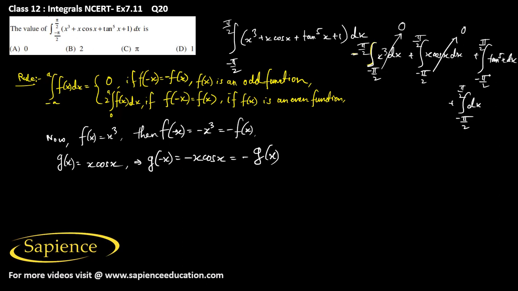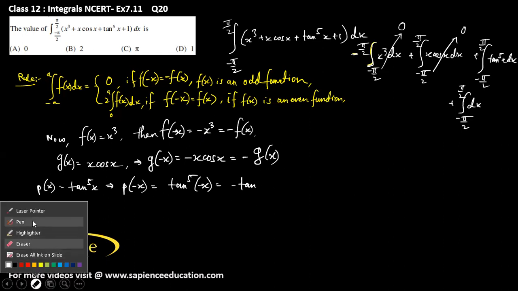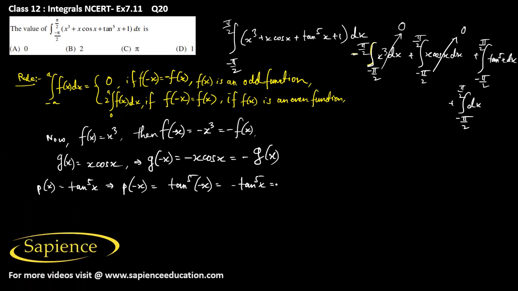Now for tan, suppose p of x equals tan power 5x. Then p of minus x will be equal to tan power 5 of minus x, which is equal to minus tan x whole power 5, which will be minus tan power 5x, which is equal to minus of p of x.